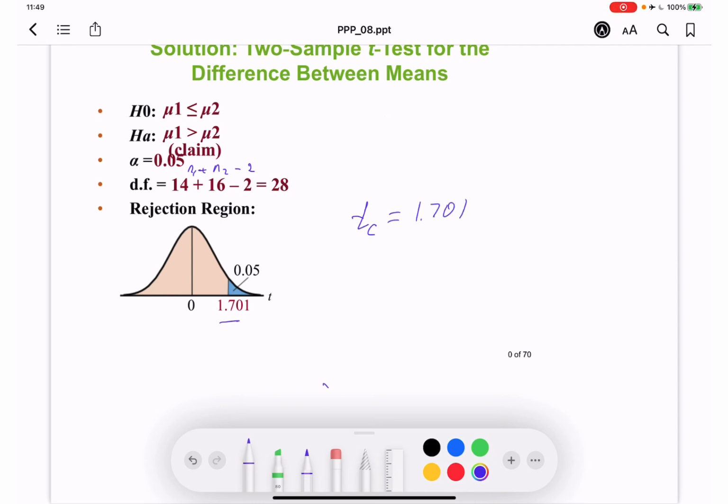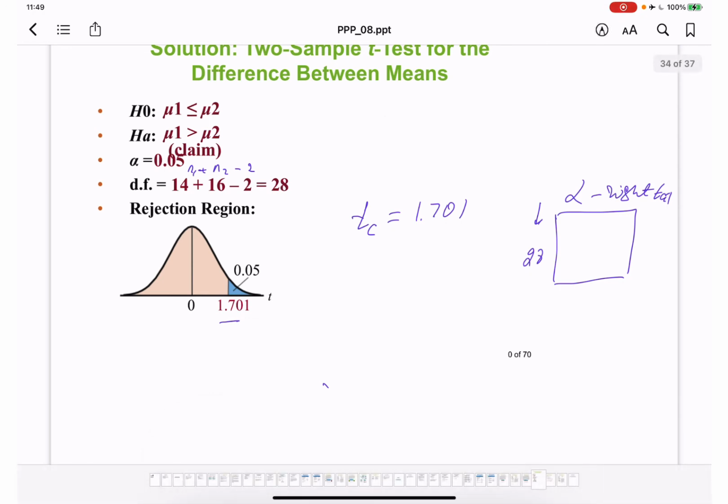Since we have a right tail, in the t-score table you should find alpha, right tail, and degree of freedom 28, and that should give you 1.701, okay?